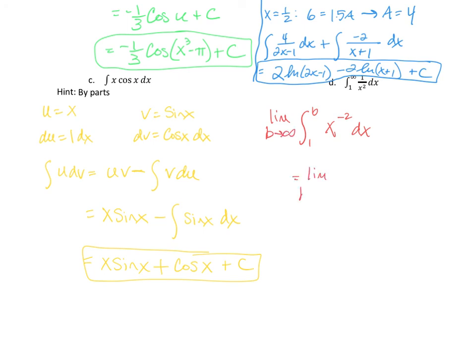So limit as b goes to infinity of, okay, so the antiderivative of x to the negative 2 would be add 1 to the exponent, x to the negative 1, divide by the new exponent, which just makes it negative, and evaluate that from 1 to b.